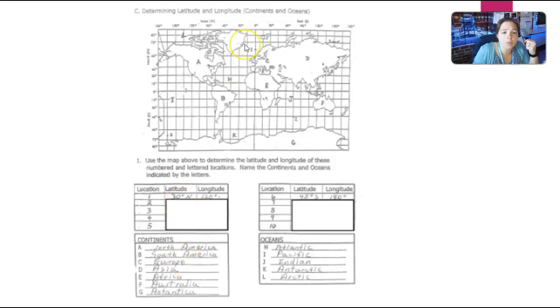All right, let's look at number 4. Number 4 is, and I always lose number 4, all the way over here. I'm going to say it's on the 45 degree north line, because it's above the equator, by in between these two, 135 degrees east.